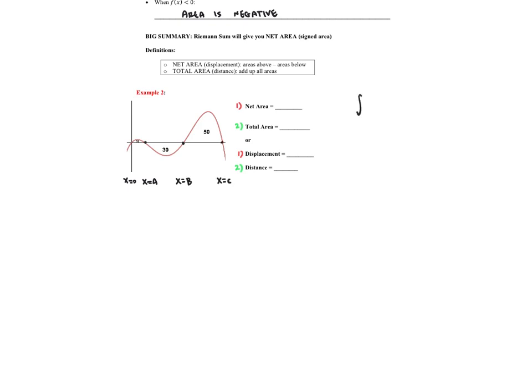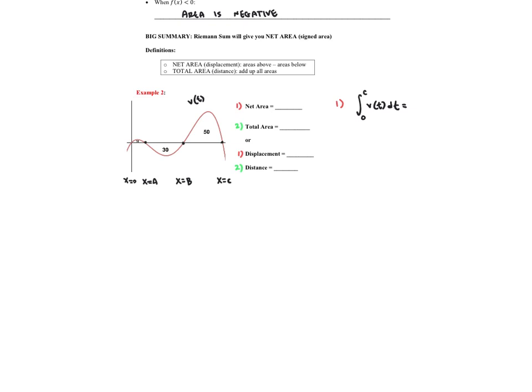If we were to find the integral from 0 to c of, and we're going to call this function v of t. If I just wanted the integral from 0 to 3 of v of t, that's going to be considered the displacement, right? This would be an example of net area or displacement.